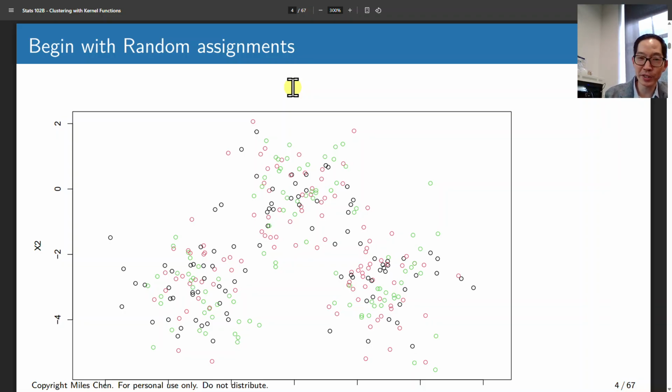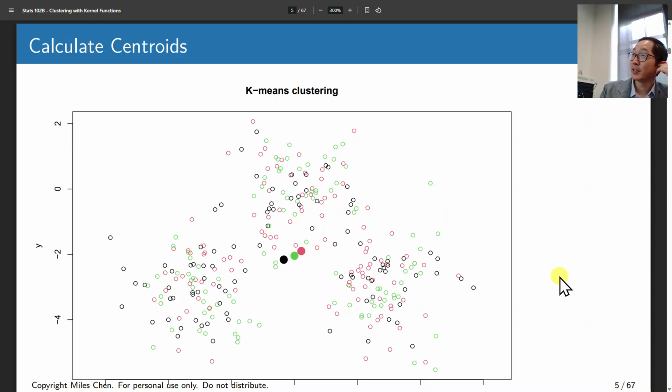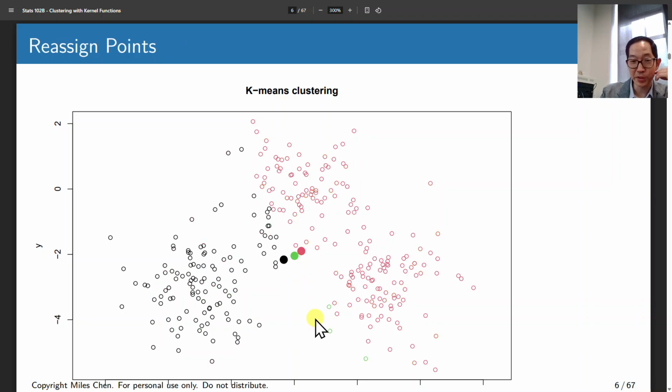So just an example here, I have a bunch of points, and we start off with some random assignments. Some get assigned to black, some to red, some to green. These are just the default colors R chooses if you say colors 1, 2, and 3. Because of the randomness, the centroid of black is right here, the centroid of red is up here, the centroid of green is there, and we're going to assign points to the nearest centroid.